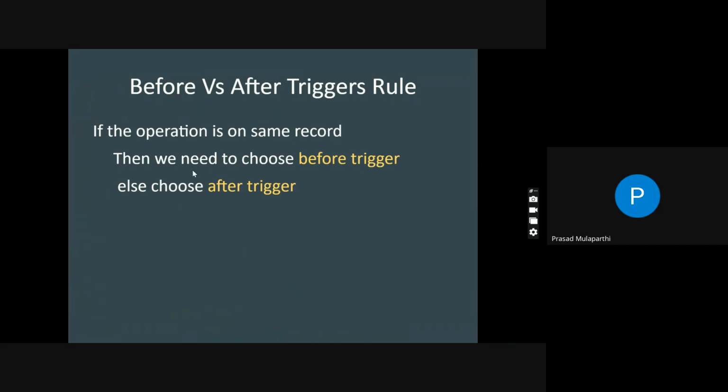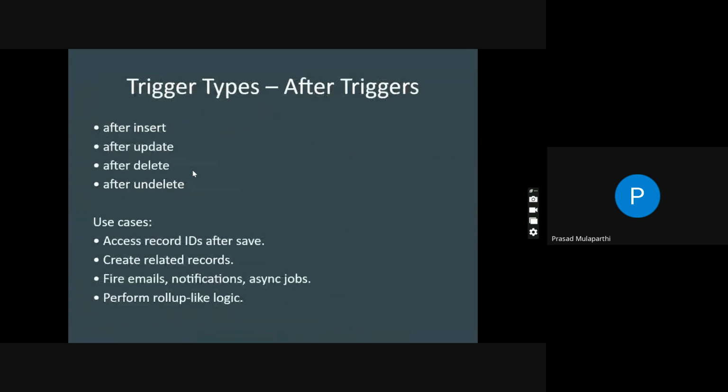If not, for any other use case, we go for after triggers. For example, if I want to create an account and automatically associate that account to a new contact, in those cases, we should choose after triggers. We will discuss this further.